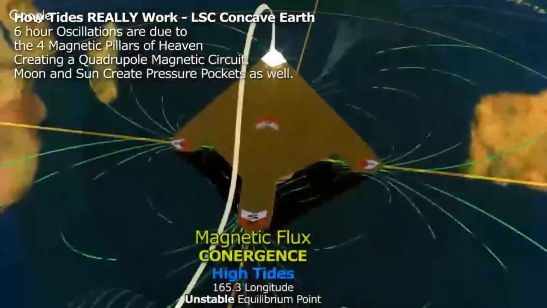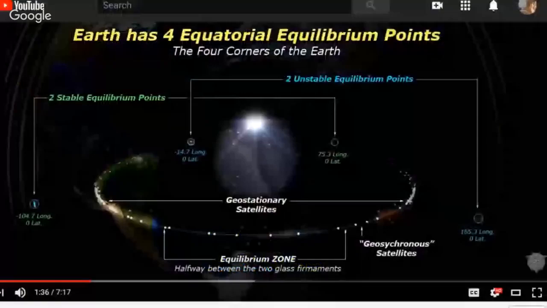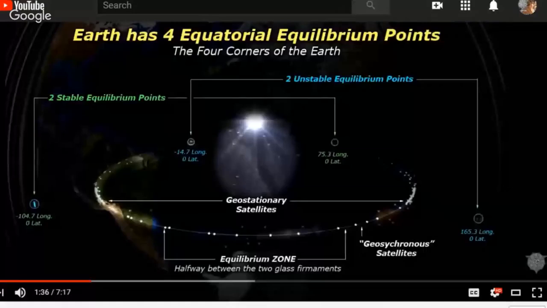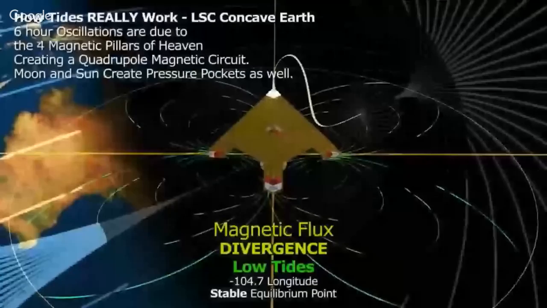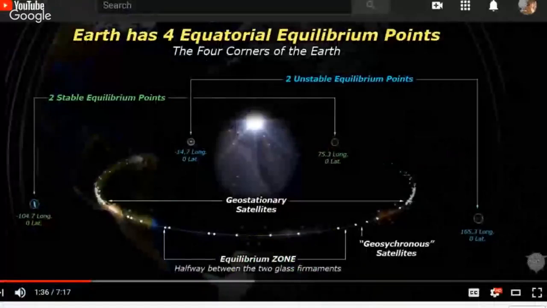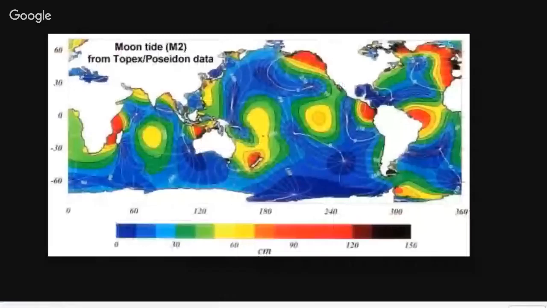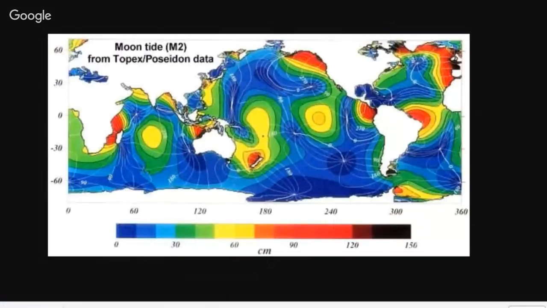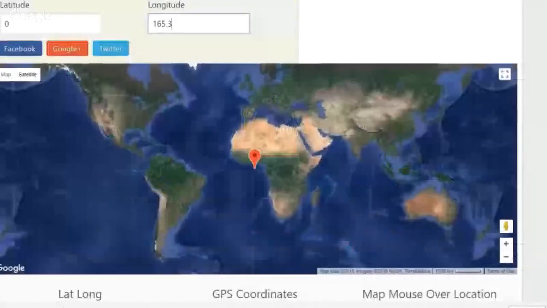Understand? Let's see what else I can show you here. Here's a map of Earth, and you see that it has specific zones within the Earth, especially at the equator, where they have specific depths of water level.